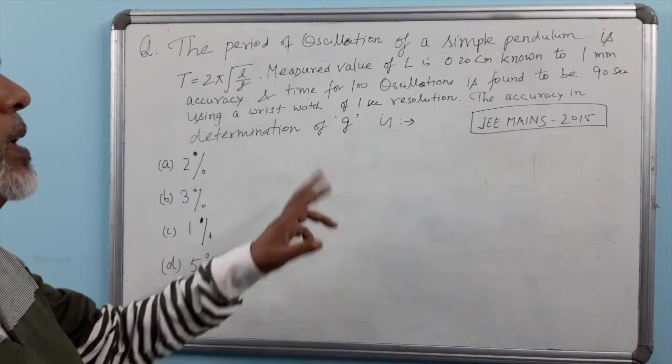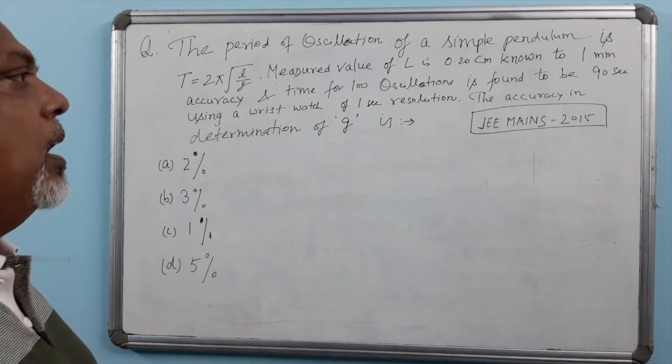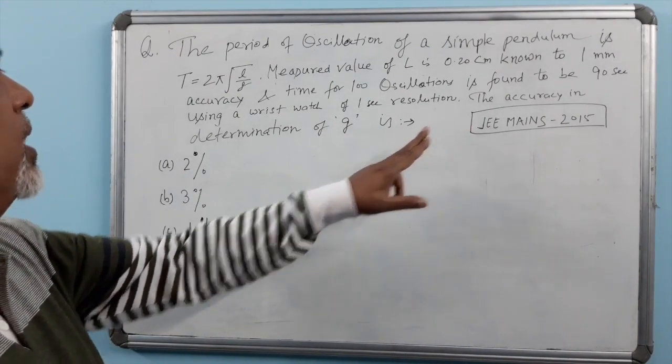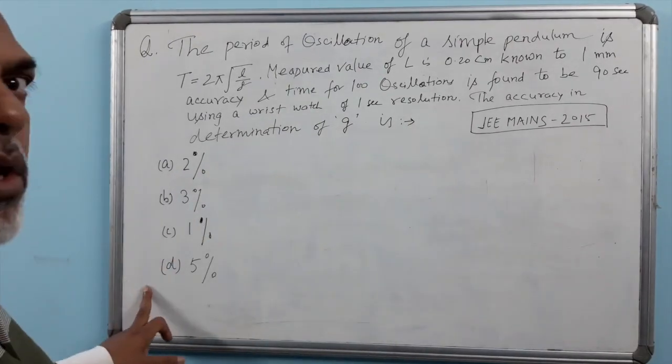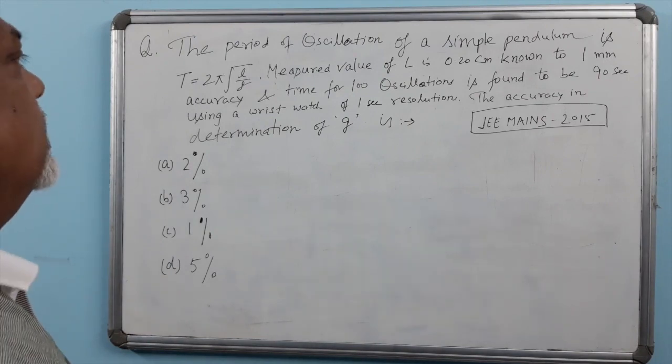So these are the two measurements they have taken with some accuracy. Now what they have asked is the accuracy in the determination of g. These are the options, so we have to find out the answer.